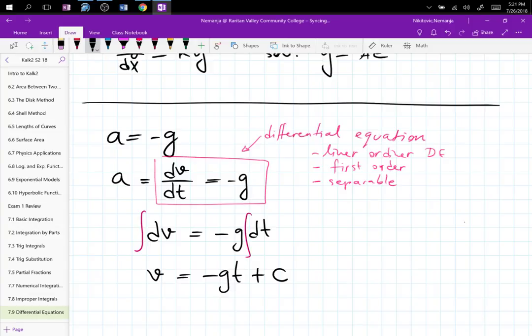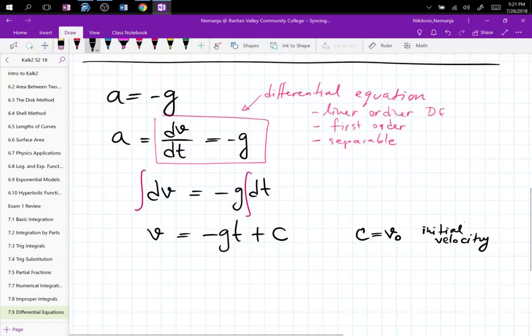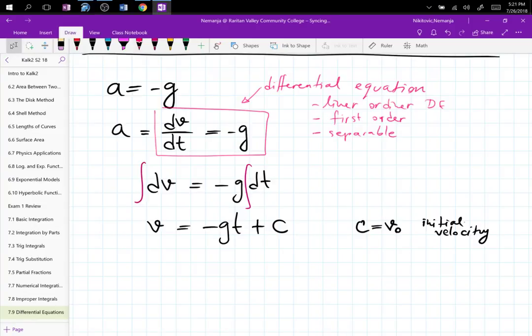I am going to call that constant c v naught, initial velocity. So if you ever wondered where the physics formulas are coming from, the ones that you are generally either memorizing or writing on a piece of paper when you're taking the test, right? Because they allow you to.